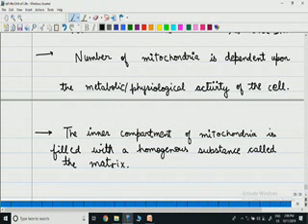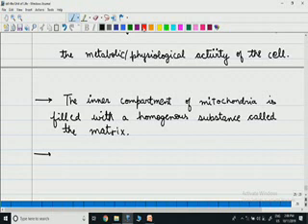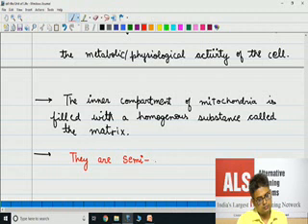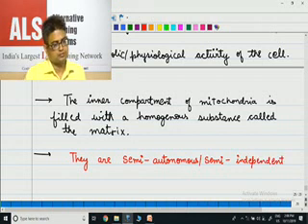All right. Now one more thing, the last point. Mitochondria are semi-autonomous or semi-independent cell organelles.